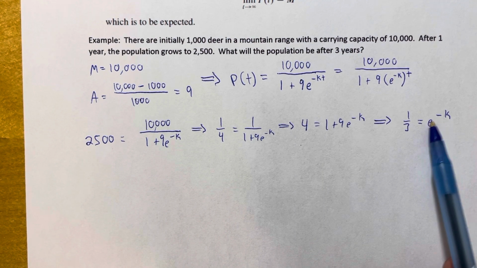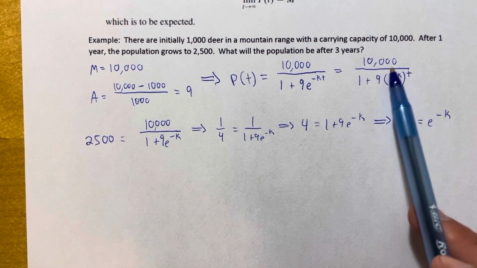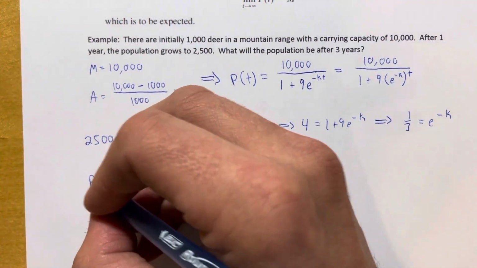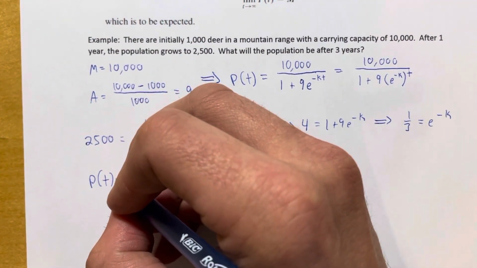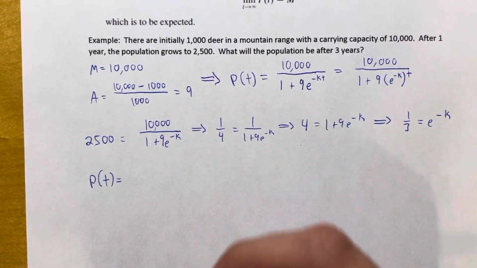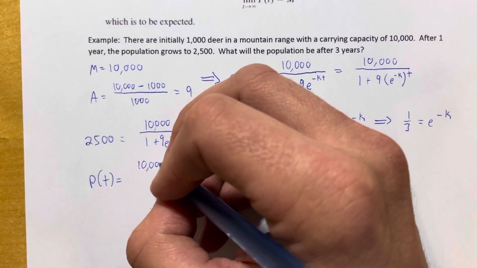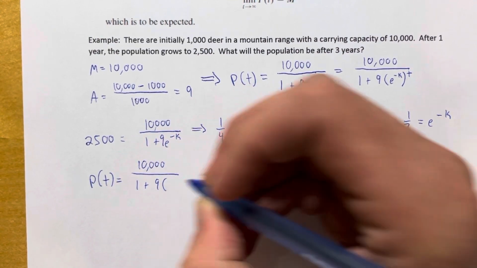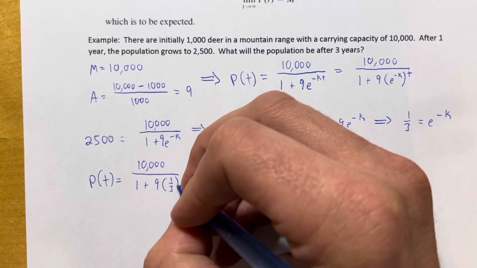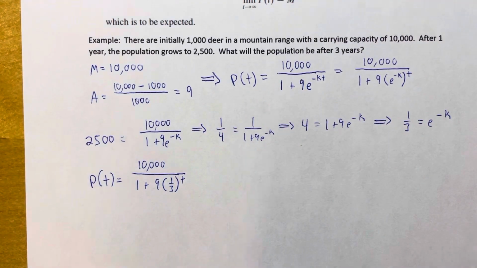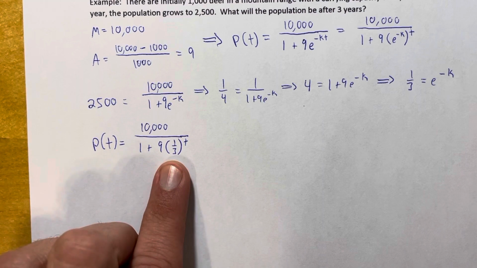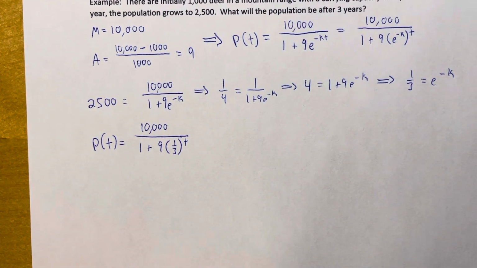And I know that that is equal to 1/3. So the thing in parentheses can be swapped out for just a 1/3. So now I know that P of t is equal to 10,000 over 1 plus 9 times 1/3 to the power of t. Notice there's no more k there. So this is my population growth model.